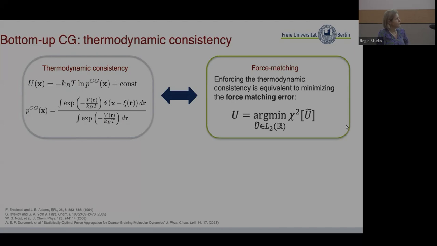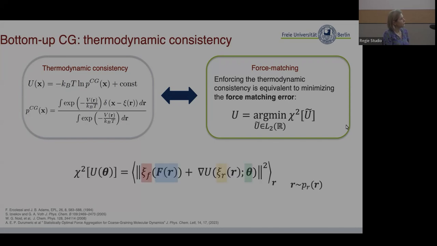You can have a variational principle that says that if you define a functional as a function of this potential u, and you let this trial potential span the whole functional space of integrable functions, then the absolute minimum of this functional is exactly the one that satisfies the thermodynamic consistency.